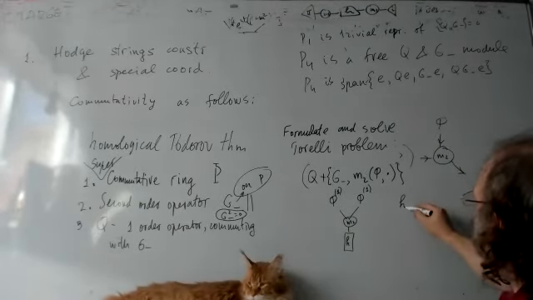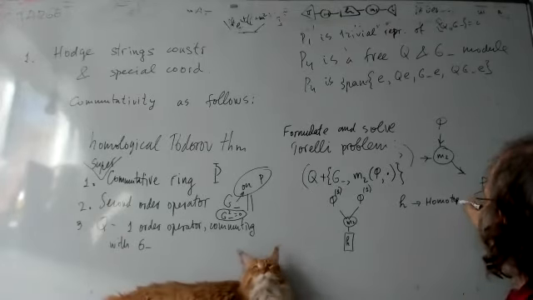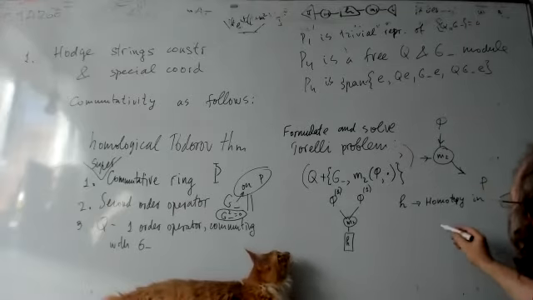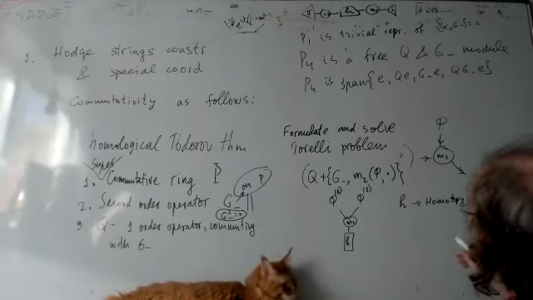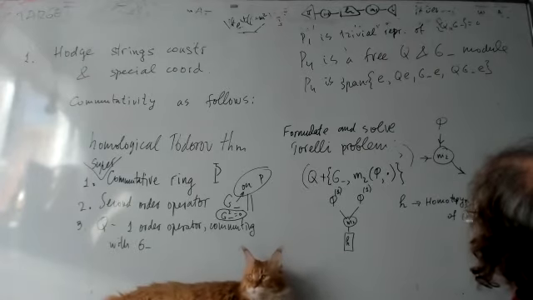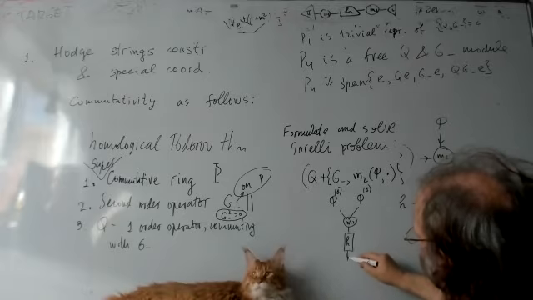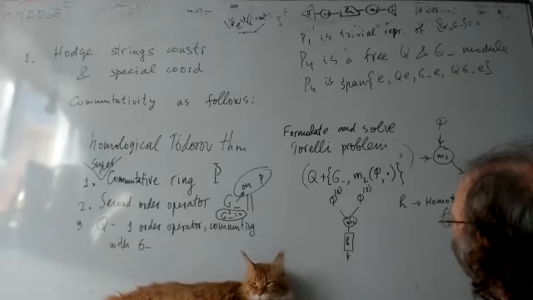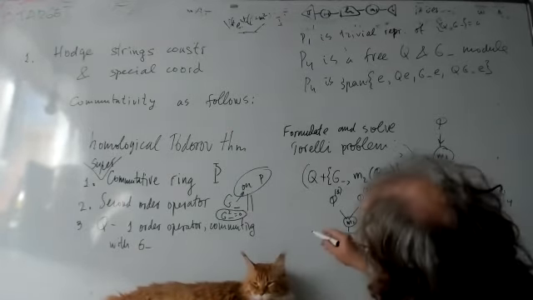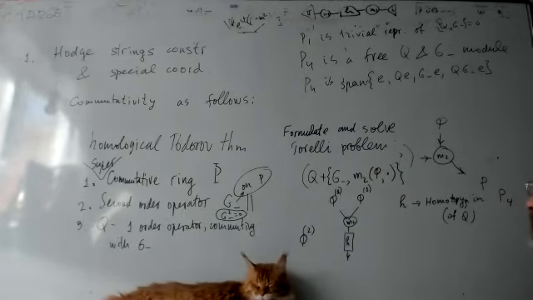If you introduce an operator H, that is homotopy, so H is homotopy of Q in Pi4, then what I'm trying to say is that you can choose phi2 in the following way.